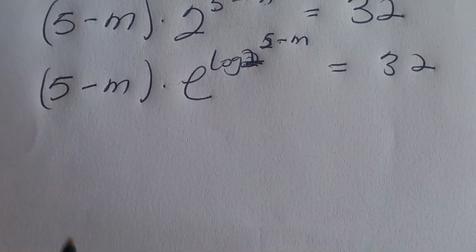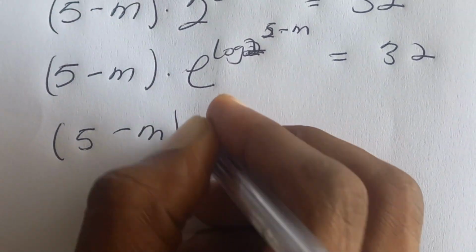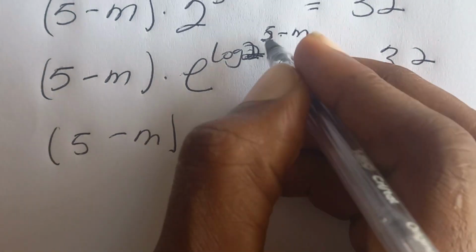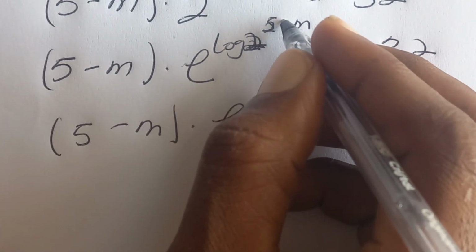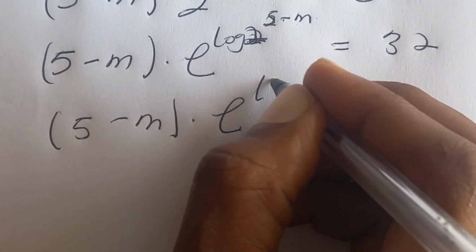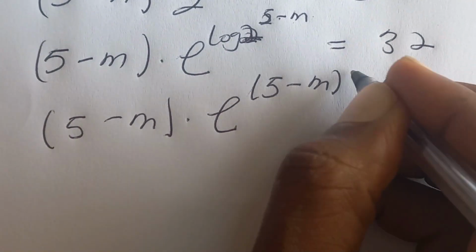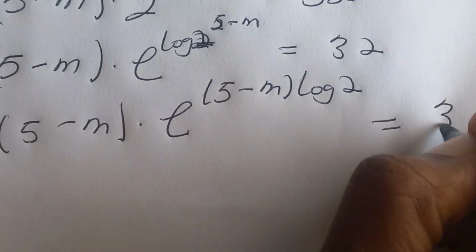And now, we can write it as 5 minus m multiplied by e exponent log. So this 5 minus m is an exponent for the 2, so it will come first, which is 5 minus m log 2, and it's equal to 32.